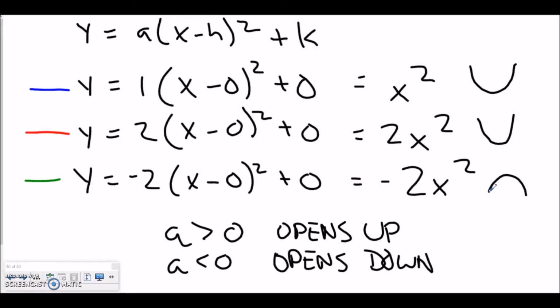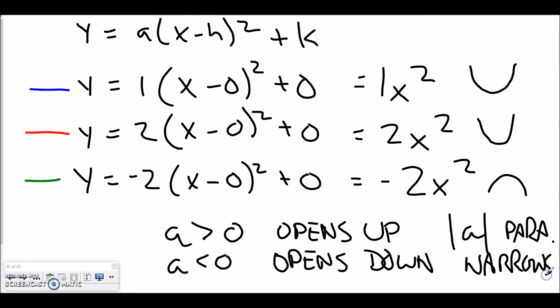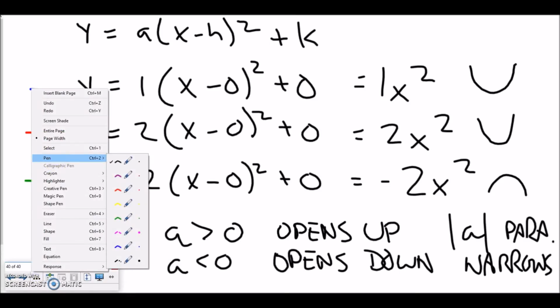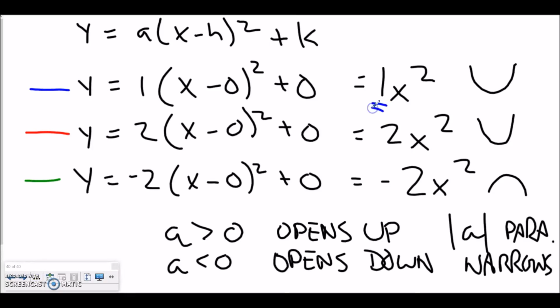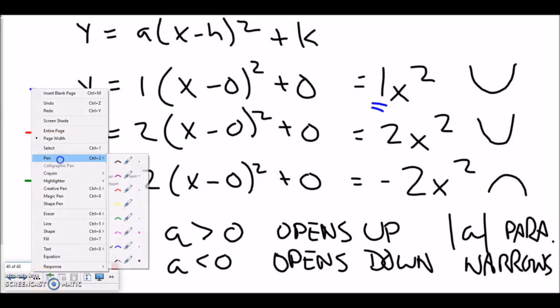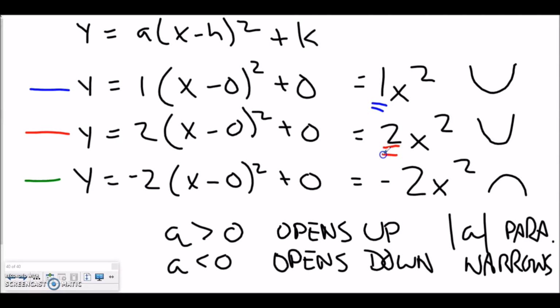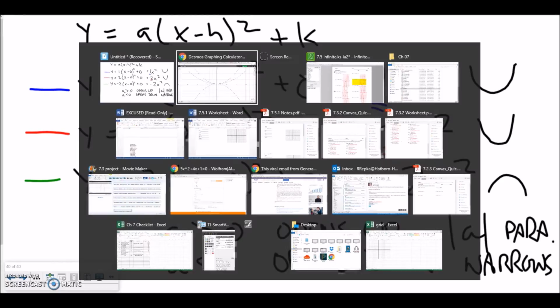Our second rule is that as the absolute value of a increases, notice here it's a 1 and here it's a 2, the parabola gets narrower. As the absolute value increases, from the blue to the red, when we go from a coefficient of 1 to a coefficient of 2, which is greater, look at the blue and the red graphs.